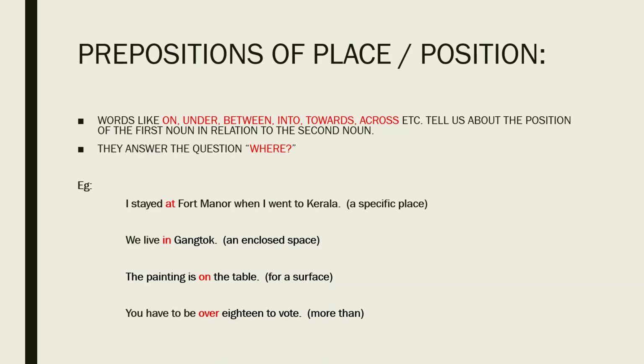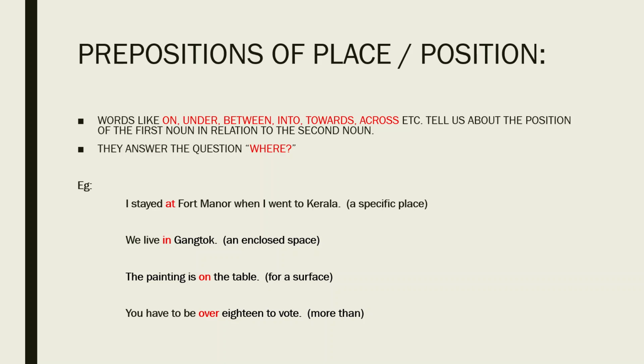Words like under, across, on, between, into, towards tell us about the position of the first noun in relation to the second noun. That means the position of one person or thing in relation to the second or another person or thing. And the prepositions of place, position or location always answer the question where.